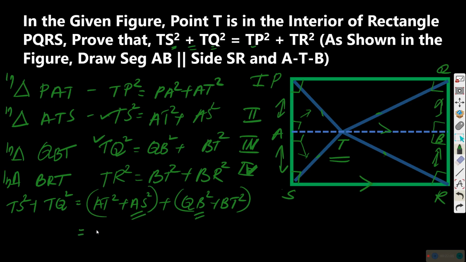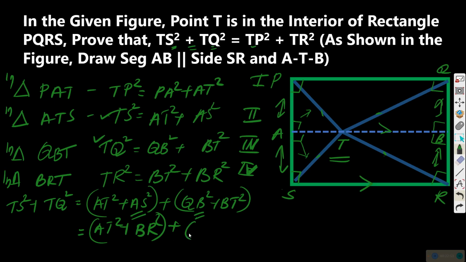That means we will write equal to, instead of AT square plus AS square, we will write AT square plus BR square.